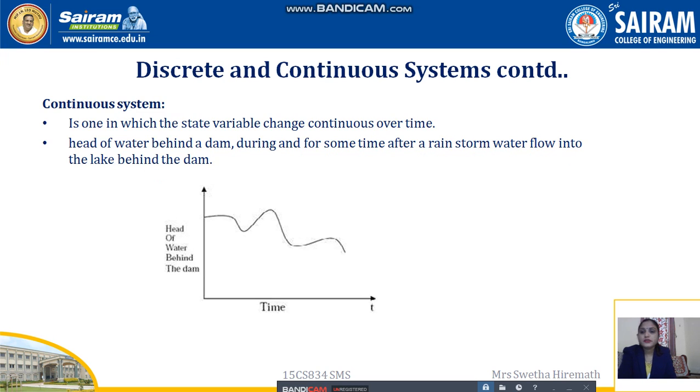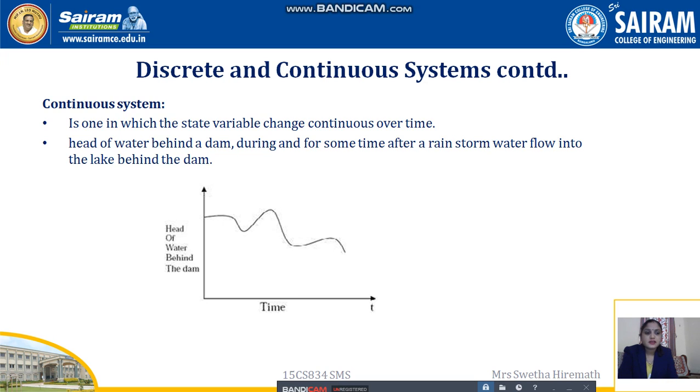Next, a continuous system is one in which the state variable changes continuously over time. So here the changes will be occurring continuously, hence it is called a continuous system. For example, we have considered here the head of water behind a dam. During and for some time after a rainstorm, water flows into the lake behind the dam.